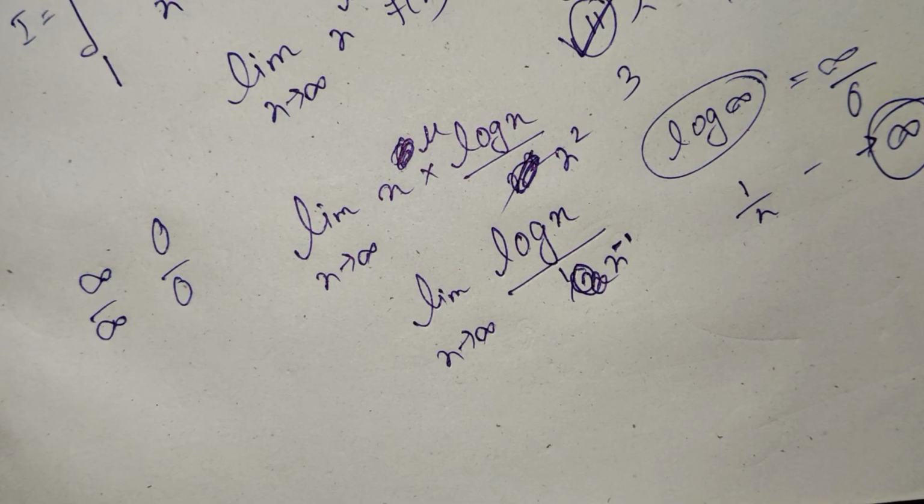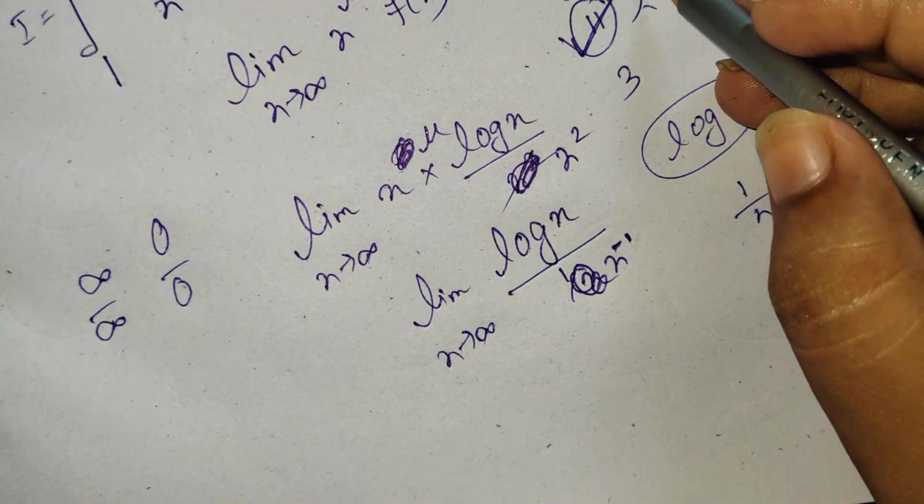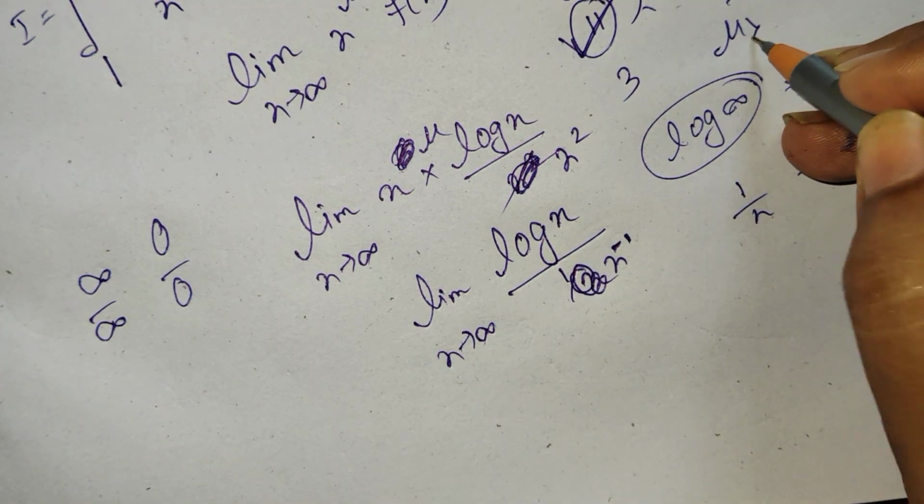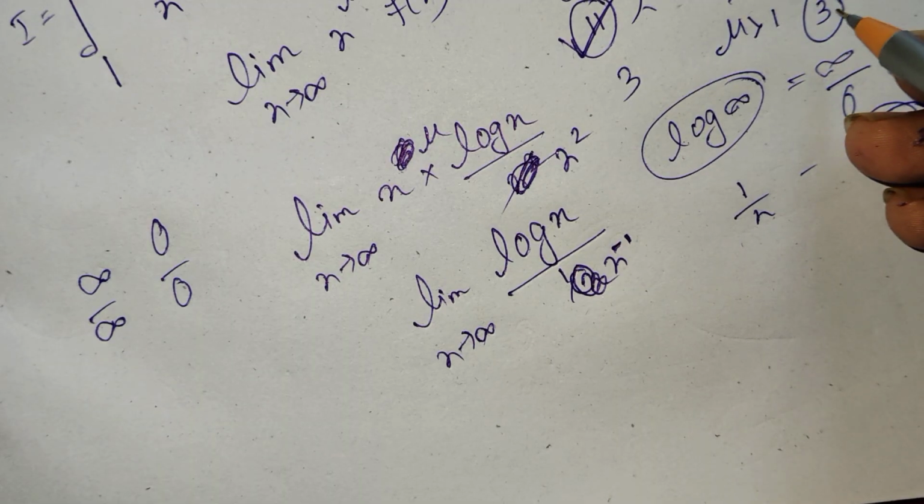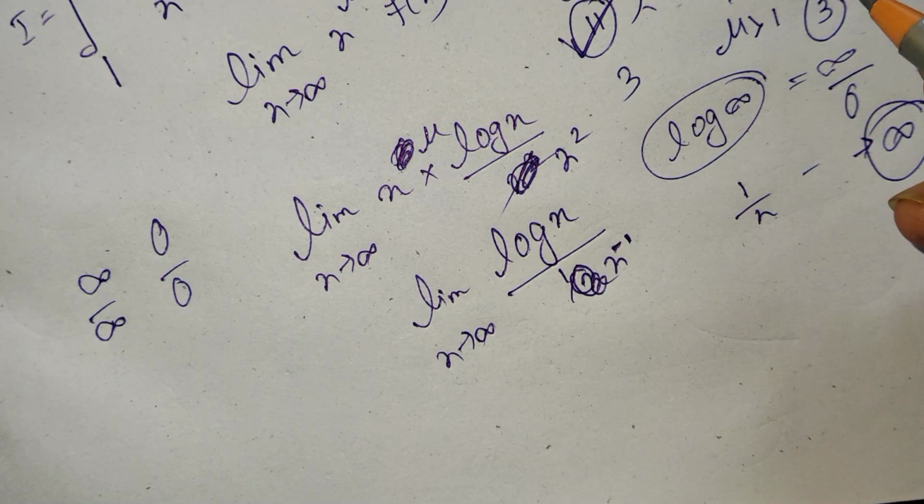Hopefully you can understand. So we have to take something so that the limit will exist. In that case, if we are taking mu greater than 1 as mu equals 3, then it will not happen.